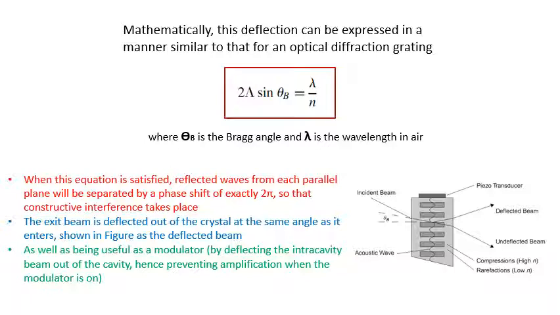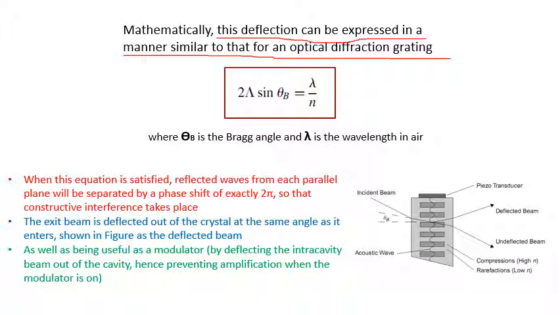What it's saying here is that the deflection can be expressed in a manner similar to that for an optical diffraction grating. It is a similar equation to when we explain the diffraction grating, how light reflects, what the angle is, etc. So this equation is similar.